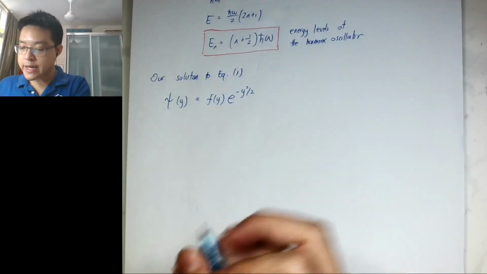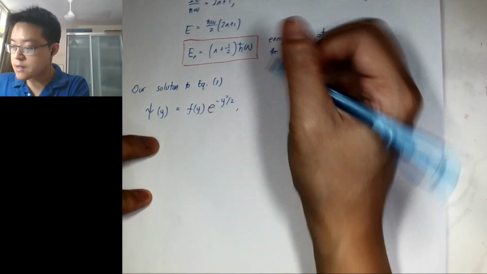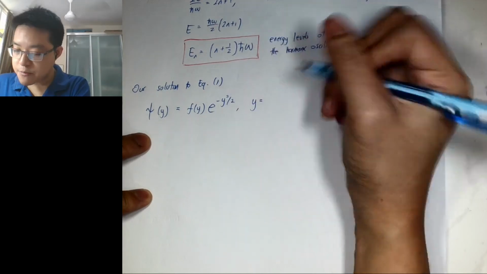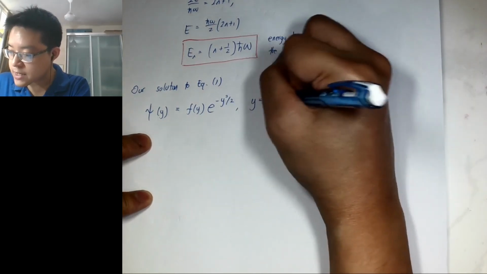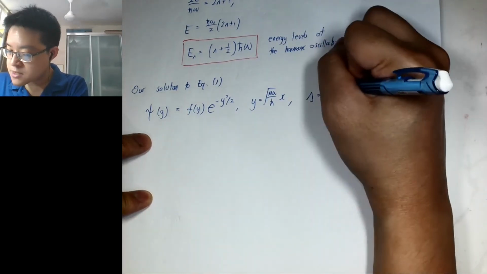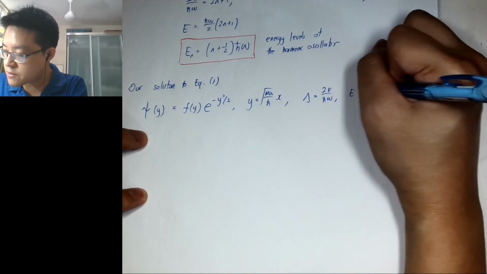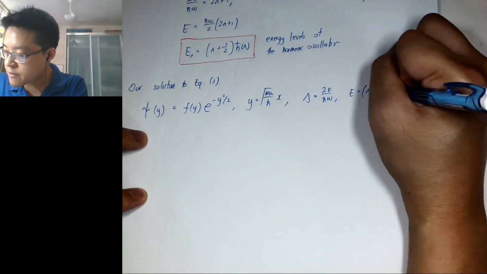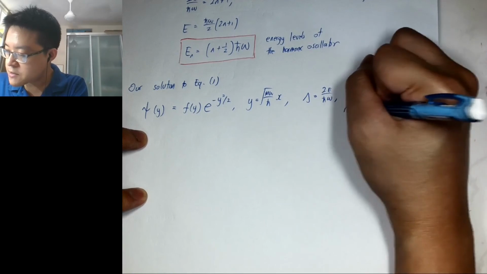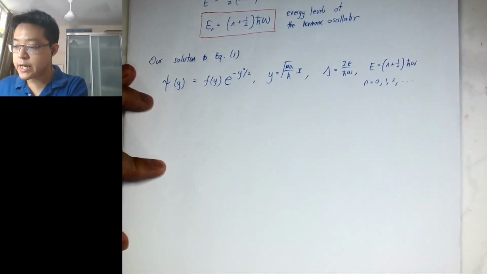And now we know that this f is a polynomial in n, and to change back to our original variables, we just change everything back to x. And the lambda was 2e over h bar omega, which gives e equals n plus half h bar omega, and n equals 0, 1, 2, 3, dot dot dot, right?